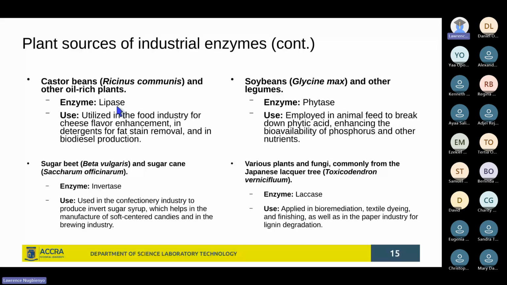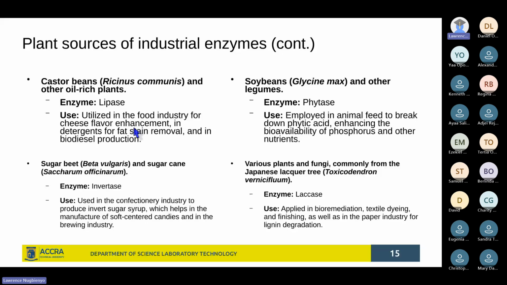But even apart from that, within the plants themselves, they have these enzymes, lipases, which they also use in their metabolic processes, which can be extracted and utilized in different industries.